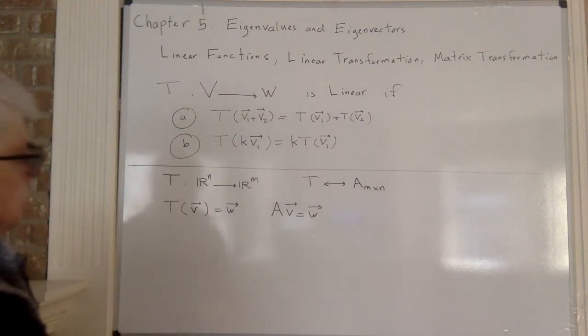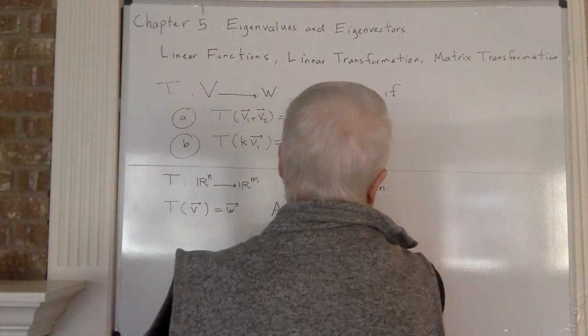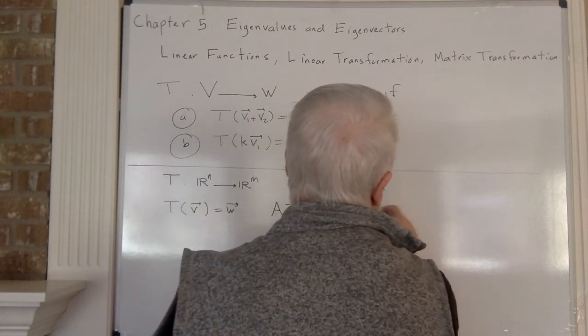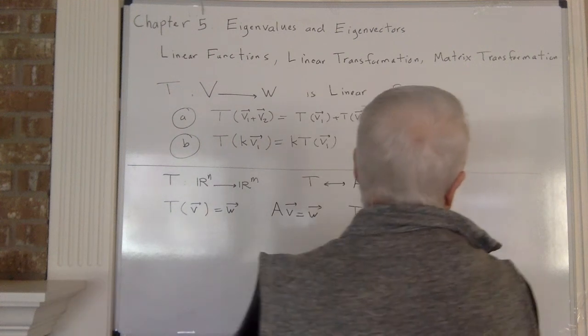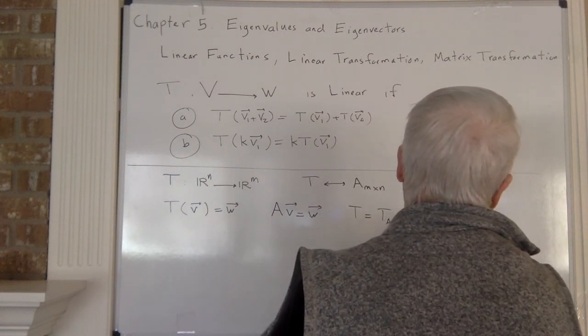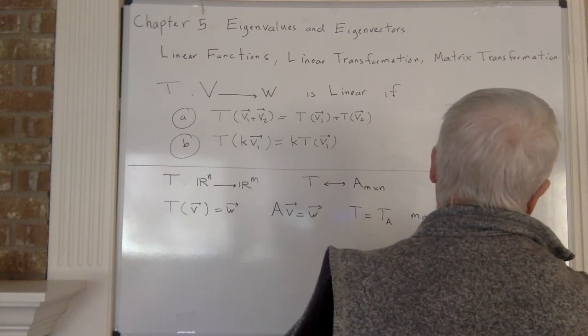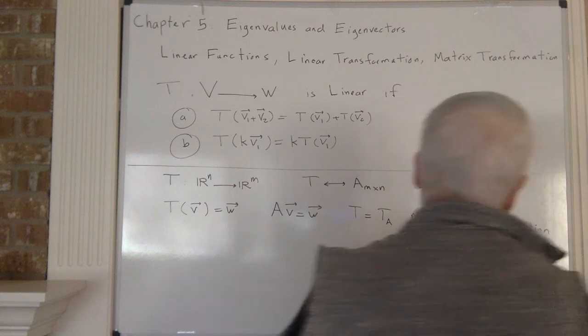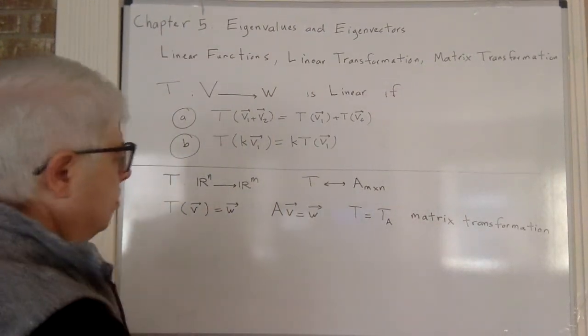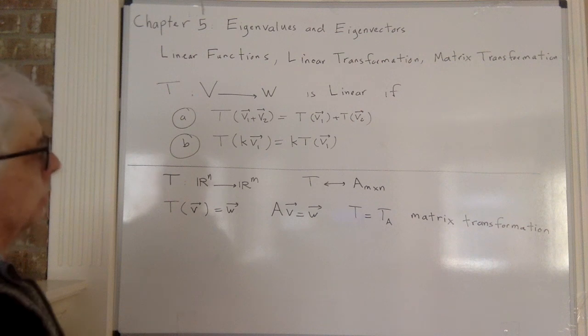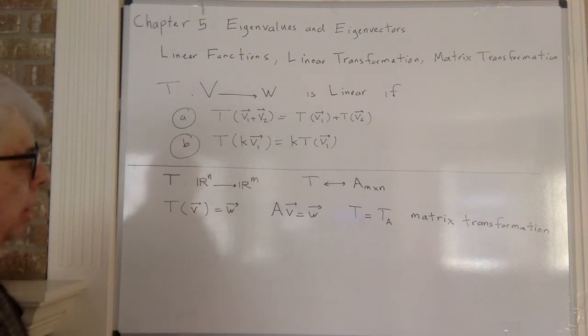We can write this T as simply T of A, and this is what we call the matrix transformation. Okay? So, if T is linear from Rn to Rm, then it is a matrix transformation.